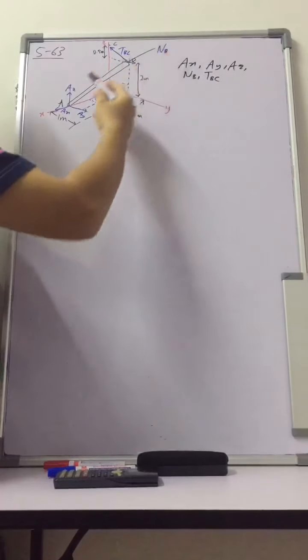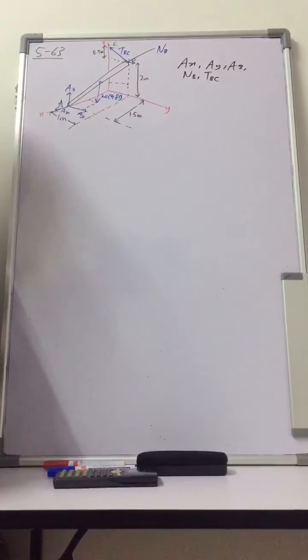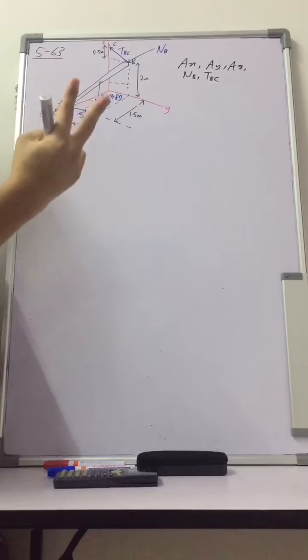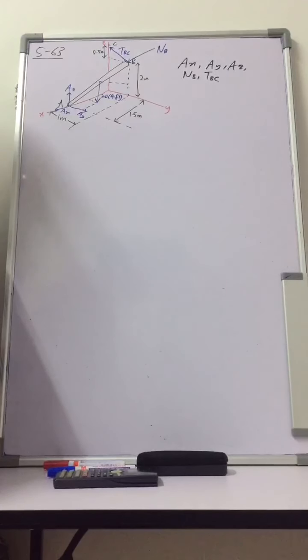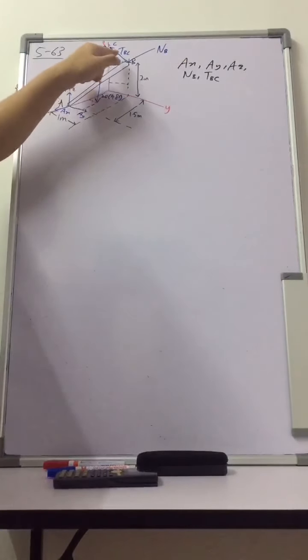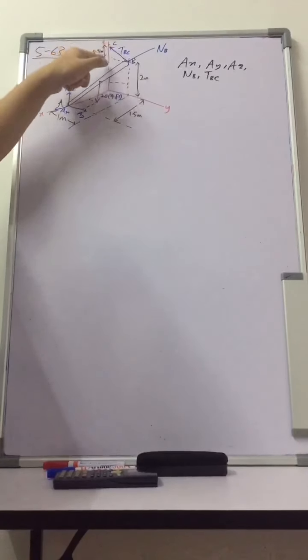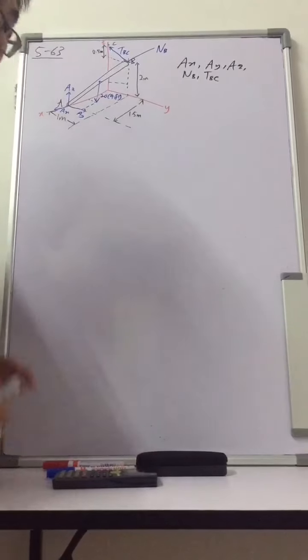This NB direction is positive X, so it's fine. But this TBC actually has 2 components, one in Y and the other in Z. So if you want to solve without using vectors, you need to resolve TBC into Y and Z, and then you can do like we have done before.